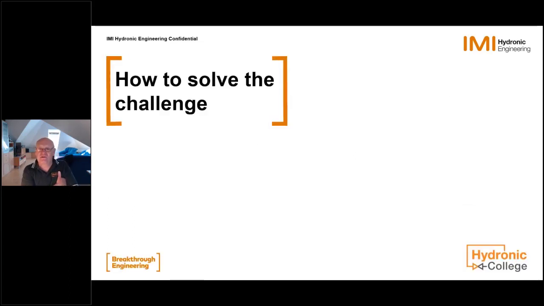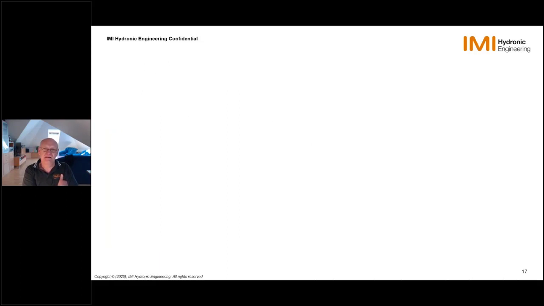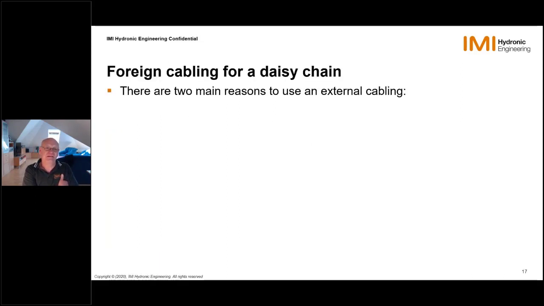Okay, so let's go on with the challenge. How to do external cabling for this daisy chain? How can we perform the connections? Because it's important that we have to do some connections. And in that case, we have to see why to use external cabling.